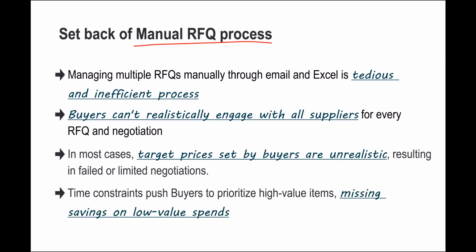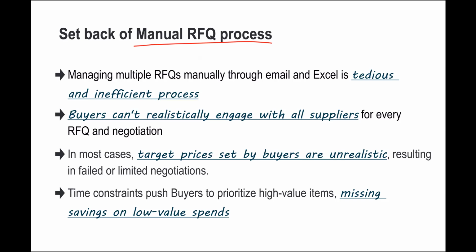So what we have seen is there is a lot of time constraint with the buyers, and they normally focus on high value items. So if the value is above 2 लाख then they negotiate, below 2 लाख है तो इतने effective नहीं है negotiation में, time spend नहीं कर रहे. 10 लाख रुपए के ऊपर की चीज है तो we are negotiating with every supplier. So they'll have their brackets and the formulas and the processes to engage with the suppliers.